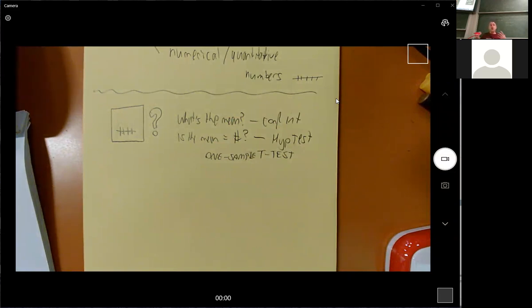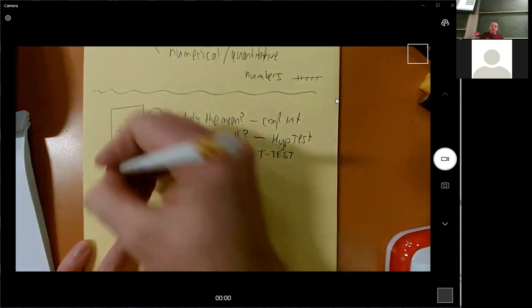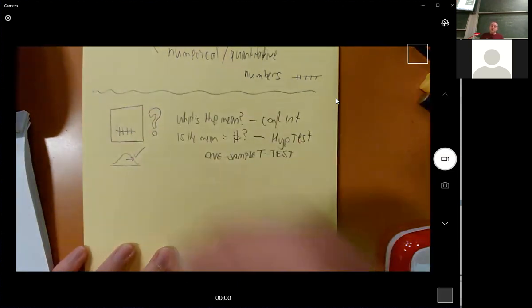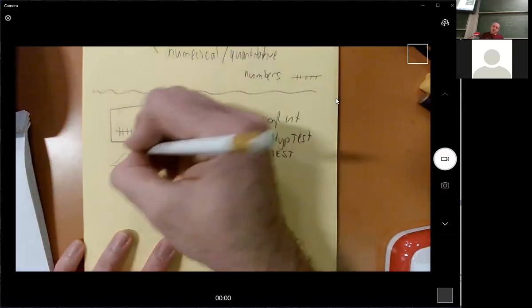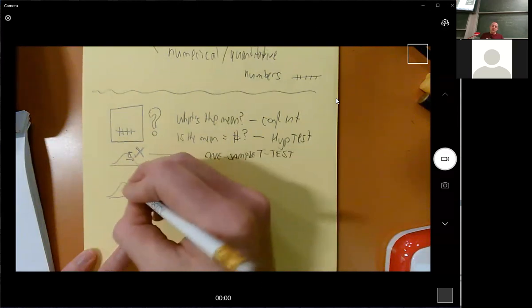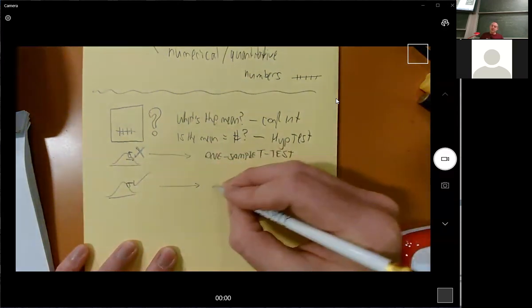The z-test goes with the situation where I do know the standard deviation. If I don't know the standard deviation, that's the one sample t-test. If I do know the standard deviation, that's the one sample z-test.